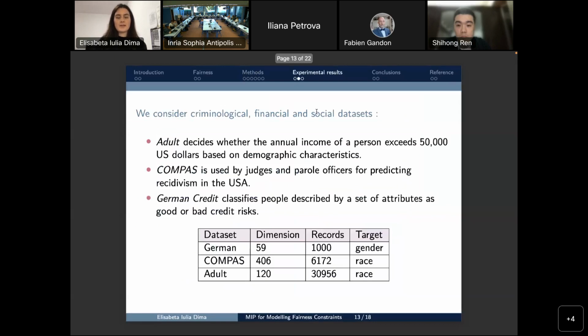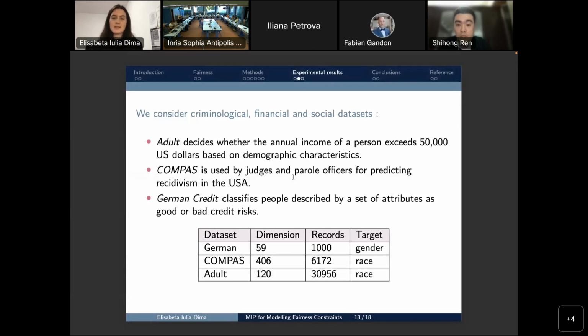Here for experimental results, we considered 3 data sets that have been largely used to express this discrimination and this unfairness in machine learning classification. So one of them is the adult data set, which decides whether the annual income of a person may exceed $50,000 US, based on demographic characteristics.